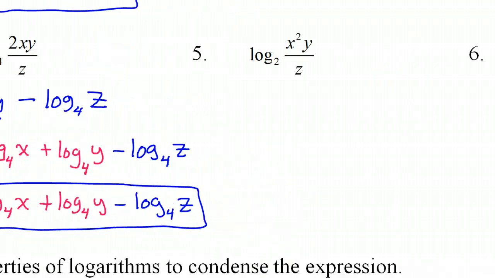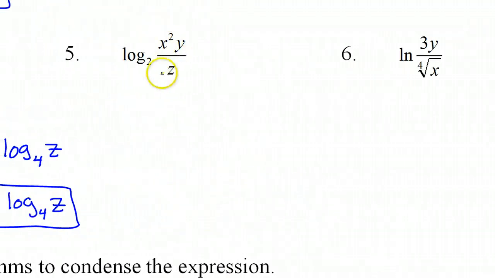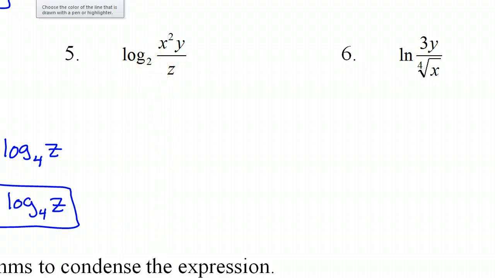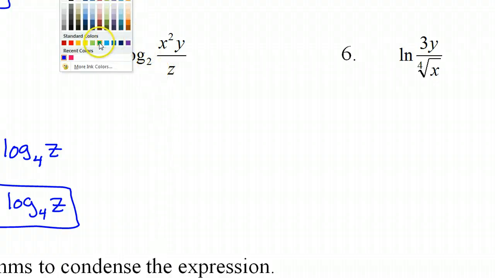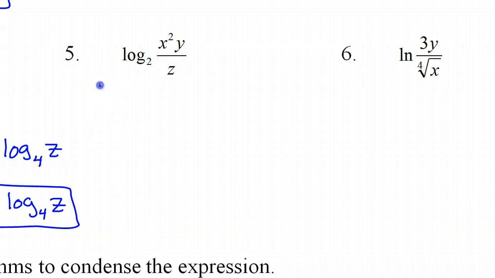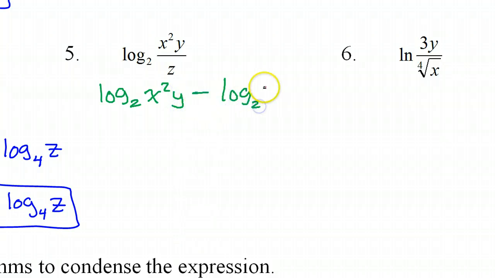Okay, number 5. All right, let's use our quotient rule right away. And so log base 2 of x squared y minus log base 2 of z.